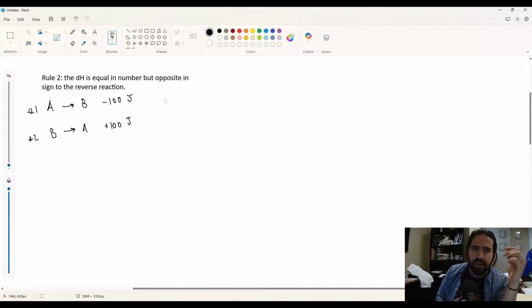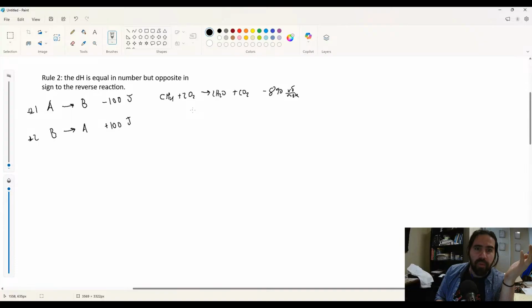So let's go back to our previous one on combustion of methane. Let's say that I have CH4. We said a second ago, let's say this releases 890 kilojoules per mole of methane, right?